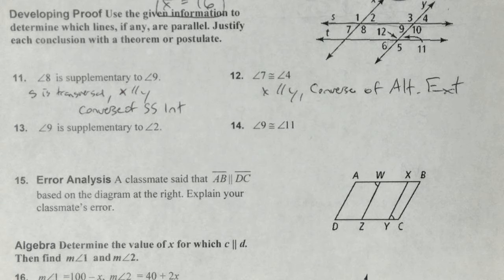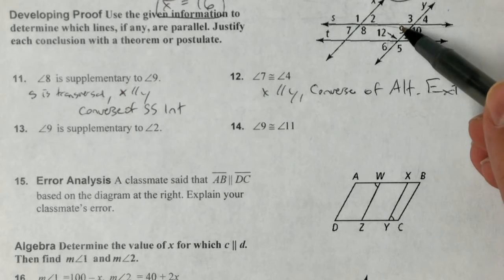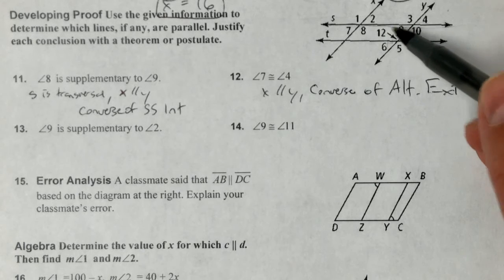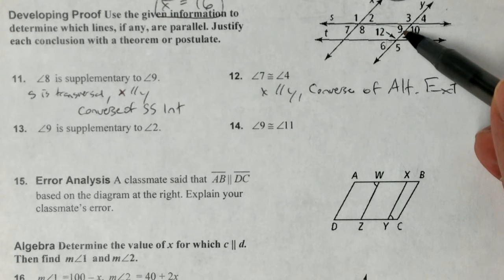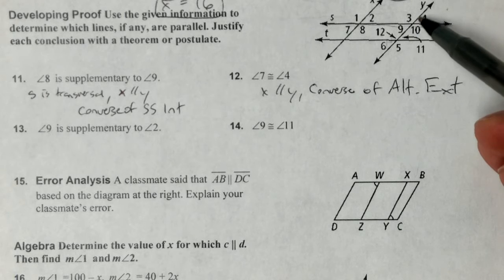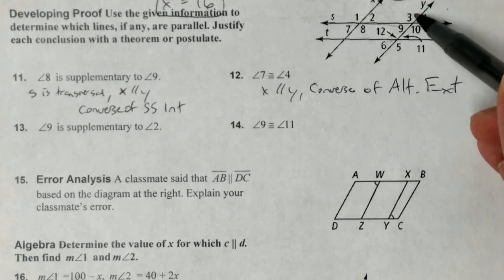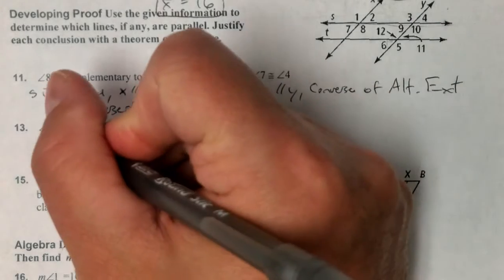Okay, on number 13, 13 is a typo. It says 9 is supplementary to 2, but that doesn't make any sense because they're both alternate interior. So what they should have done, because they're talking about this angle, they should have put a 3 here.